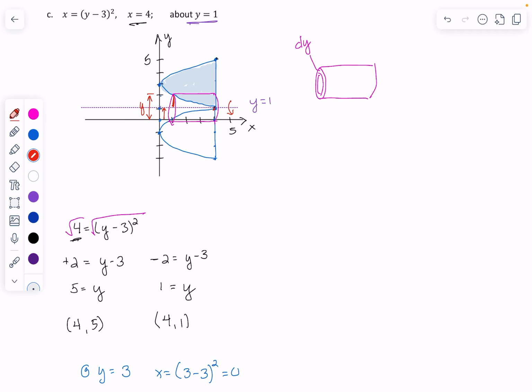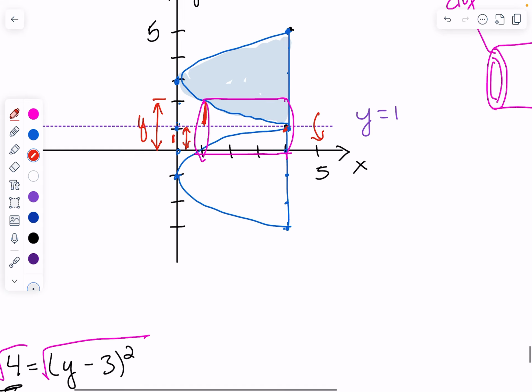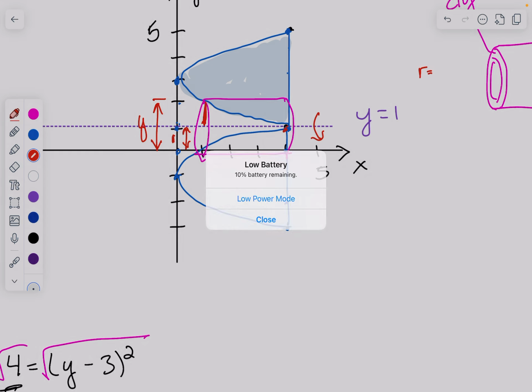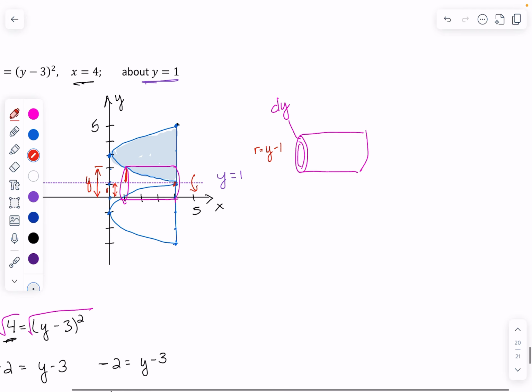But this part of it's just equal to 1 if I zoom in. This part's equal to 1. So what I have left for my radius is y minus 1. Okay? Makes sense? So I made it smaller, so that makes this point right here equal to a radius of 0. That's exactly what I want.